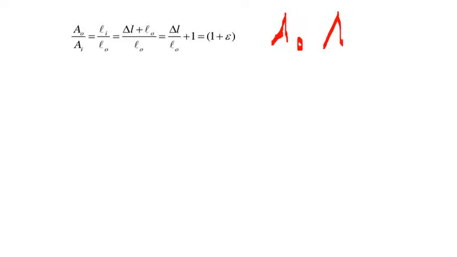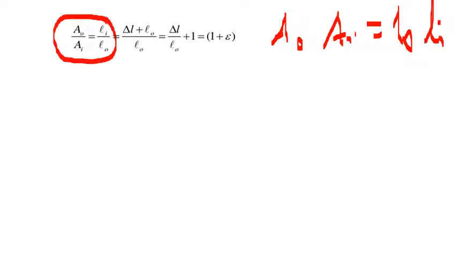Now that we know the relation between engineering stress and true stress, let us see the relation between engineering strain and true strain. Again, assuming there is no change in the volume, A naught Ai will be equal to L naught Li.